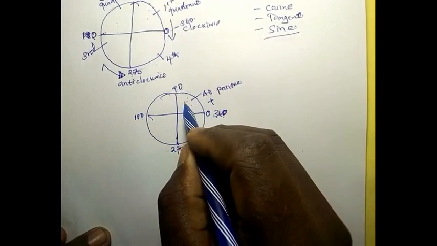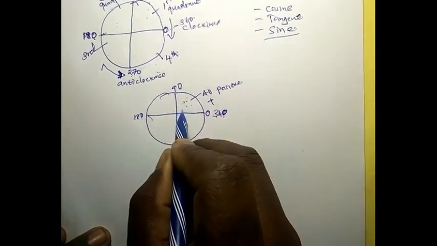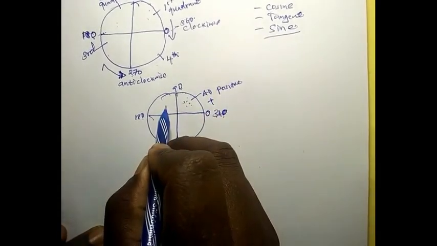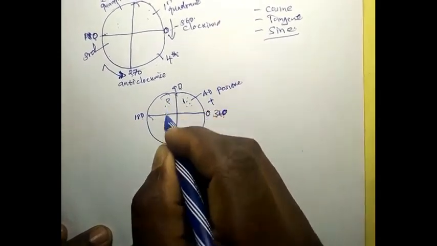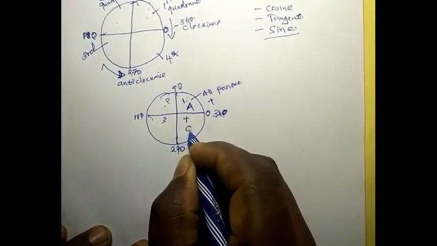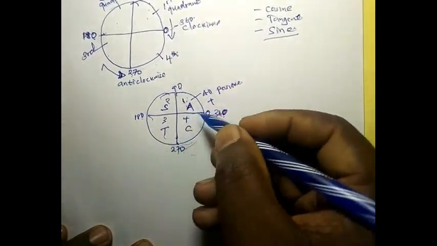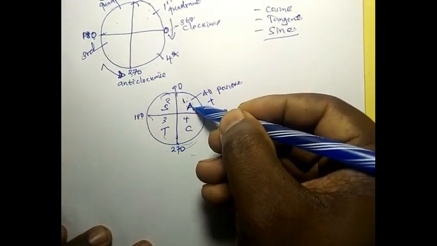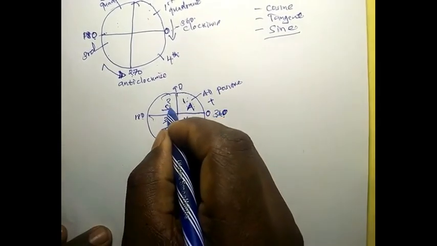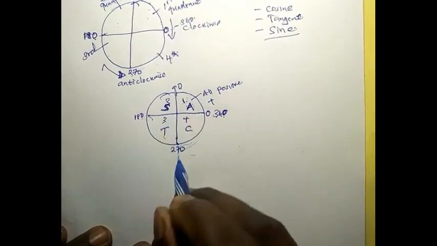In the second quadrant, so this one is first, second, third, and fourth, we use this acronym ACTS. ACTS means that all of them here are positive. At the second quadrant, it is only the sine that is positive.